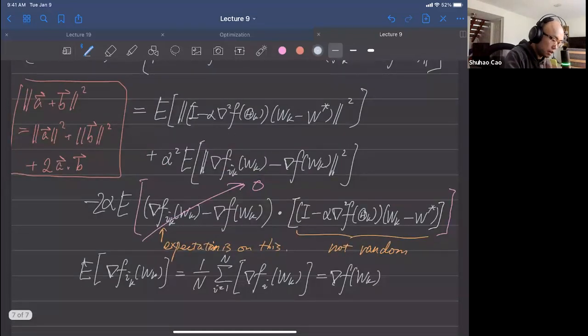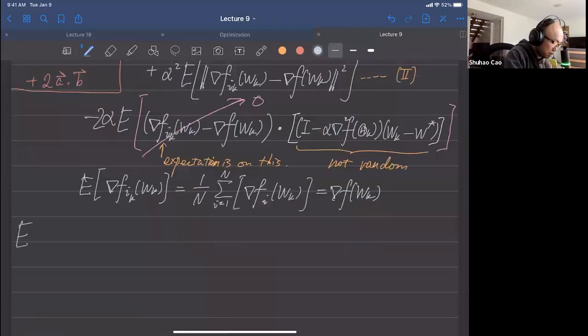So let's give these terms names. This term is 1, and this term is 2. So what happens is the expectation of the difference in the next iteration is equal to 1 plus 2.